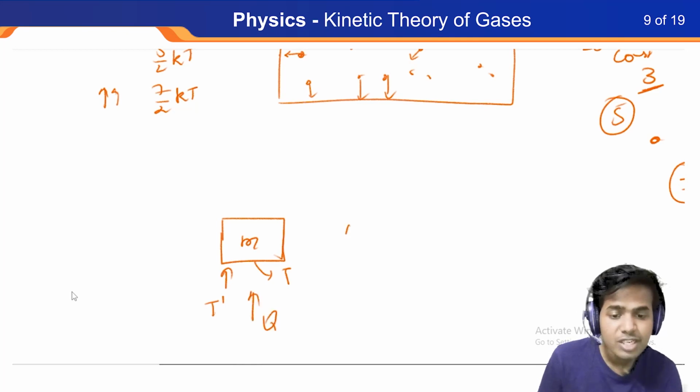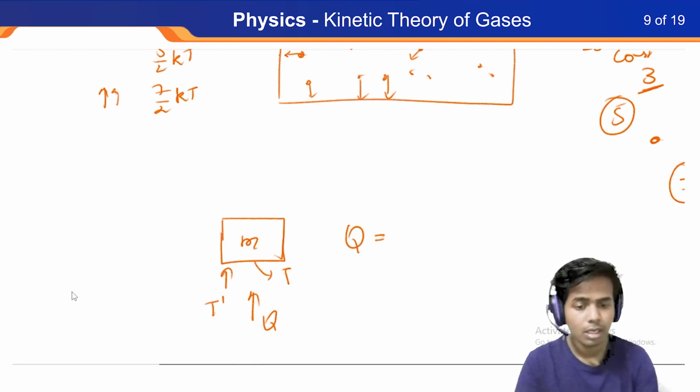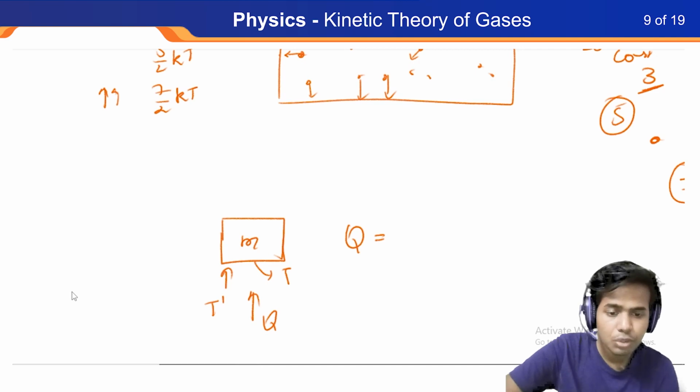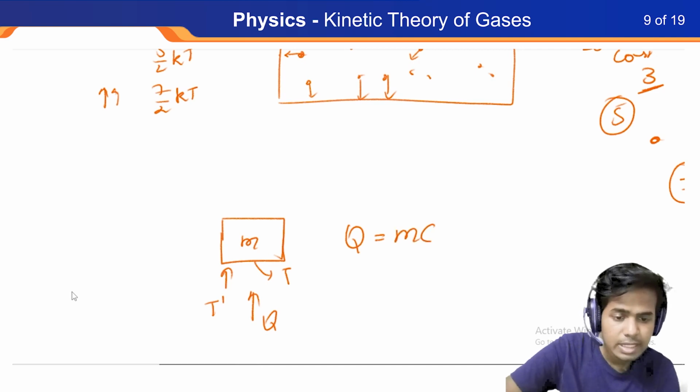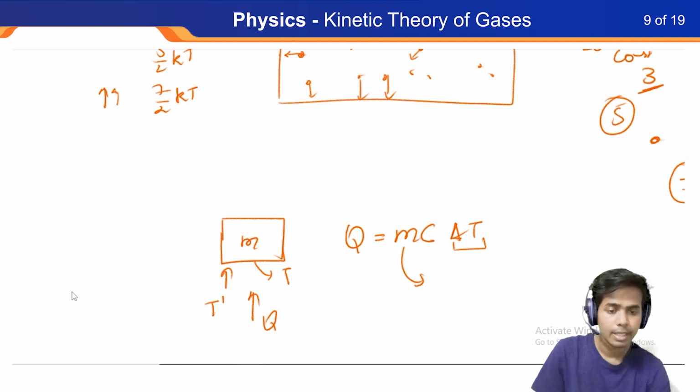Now the heat that needs to be provided for raising the temperature is given by this equation: Q equals m c delta T, where m is the mass of the body, delta T is the change of temperature, and c is the specific heat capacity.